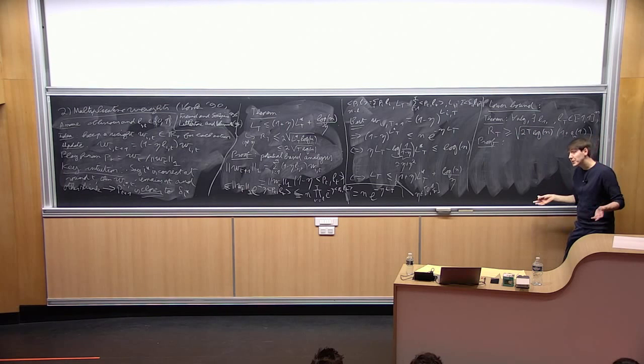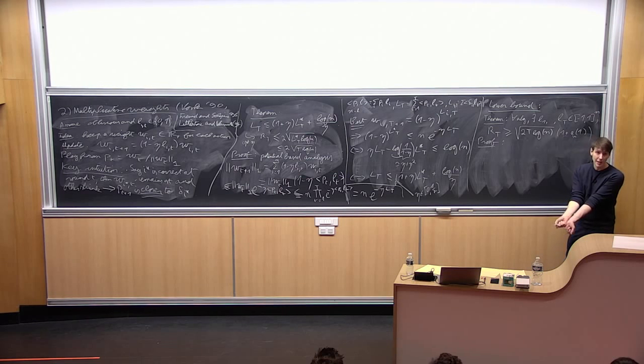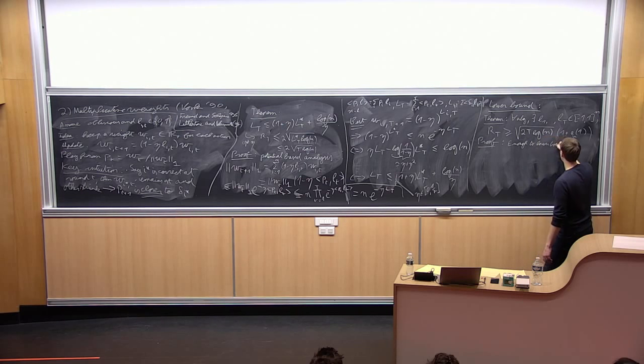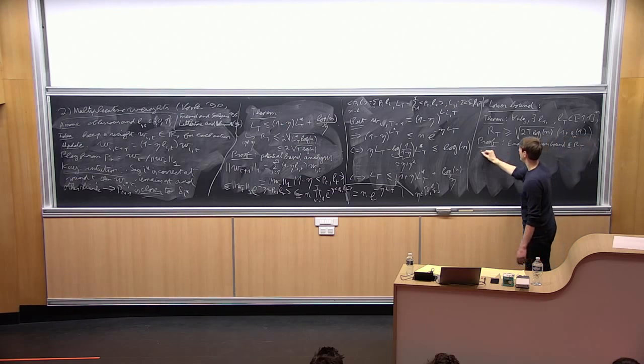If the expected regret with respect to random losses is big, that means there is at least one realization of the losses such that it's big. So it's enough to lower bound the expected regret with random losses.